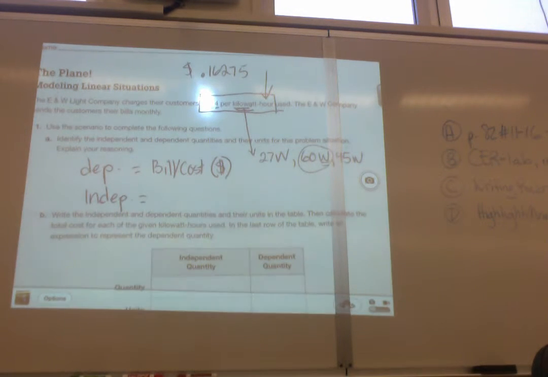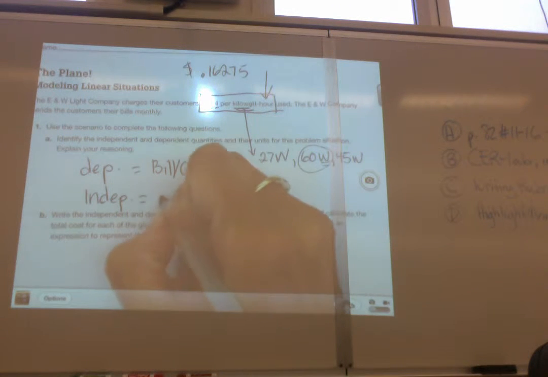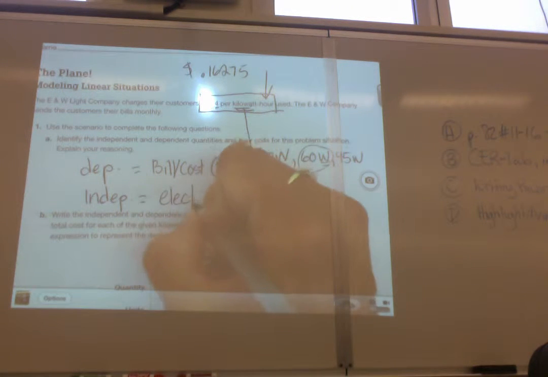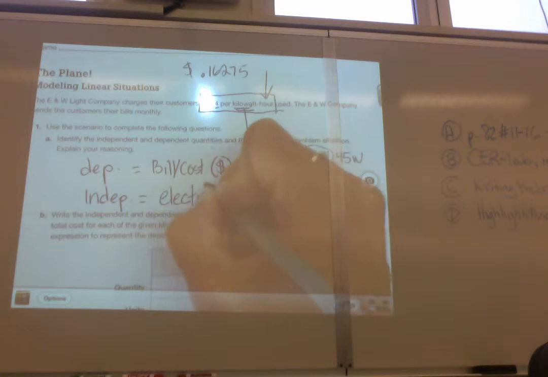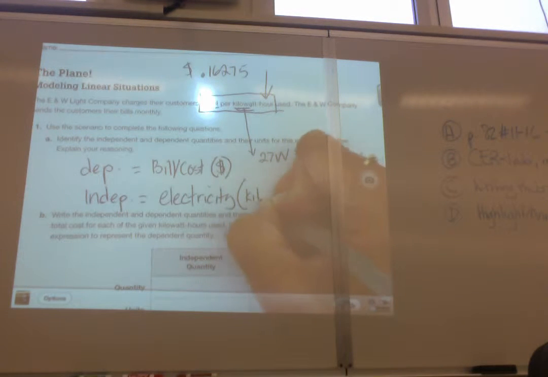And independent, what's the independent? Time, or how long it's been used. How much electricity has been used? Well, kilowatt hour incorporates time, but it's basically how much electricity you used in that time. So, electricity and kilowatt hour.